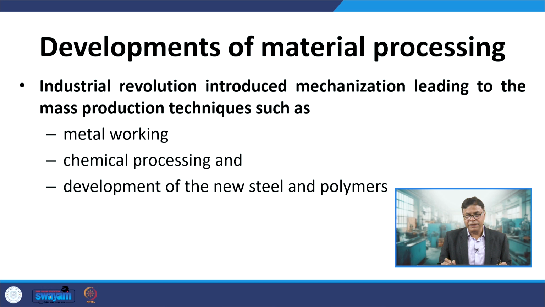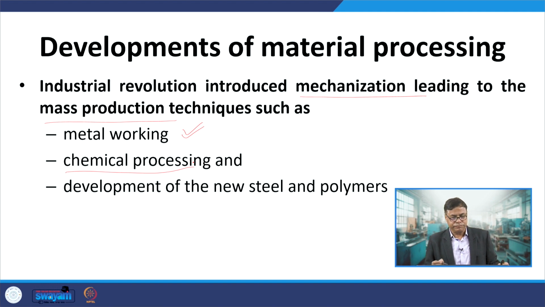Thereafter, the industrial revolution induced mechanization, which led to mass production techniques such as metalworking involving rolling, forging, extrusion etc., chemical processing for making a variety of polymers and related products, and the development of newer steels and polymers for a variety of new applications and enhanced performance of the component.